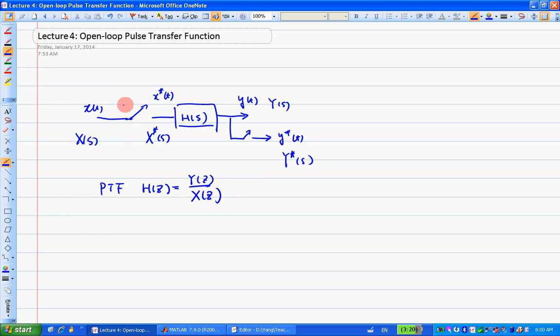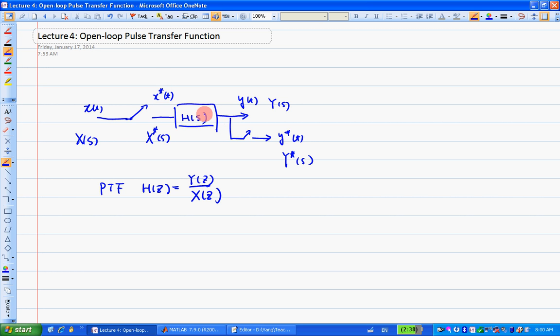What's given to the Dirac comb is a continuous signal x of t, a time signal, and coming out of it, it's still a time signal, but a discontinuous one, so we call it x star of t. Practically, what comes out of the sampler is just a sequence of numbers, but mathematically, this is just a star signal here.